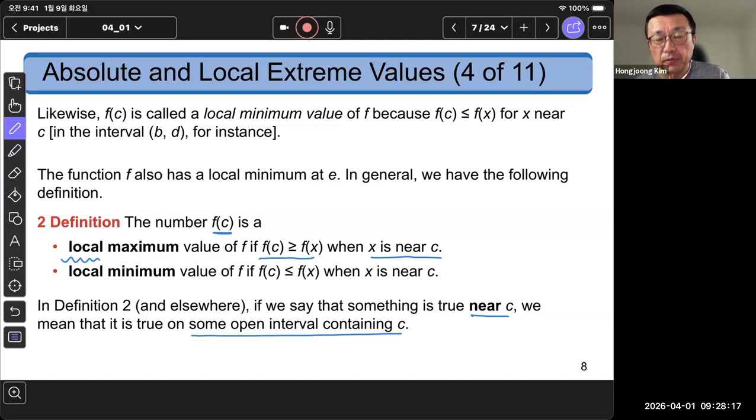And if the value at c is less than or equal to any other point on a certain interval, we say f of c is a local minimum. So please be careful.